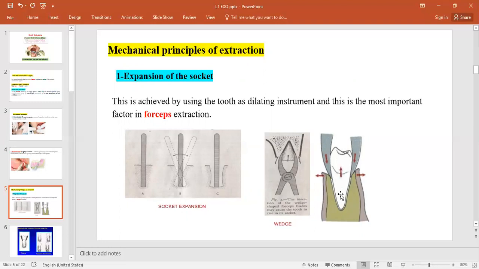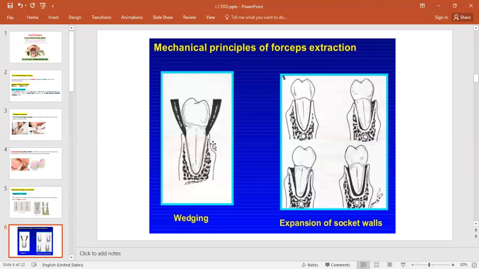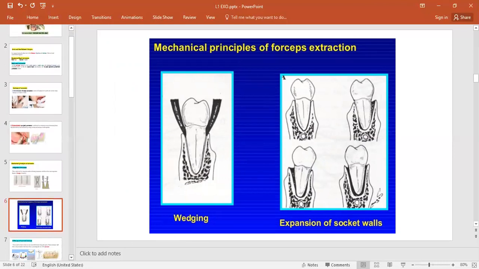This is the main principle of forceps. Also, another principle is the wedge. We put the blade of the forceps between the alveolar bone and the tooth, so the tooth can be extracted. Here is the same picture for mechanical wedge as a wedging or expansion of the socket.